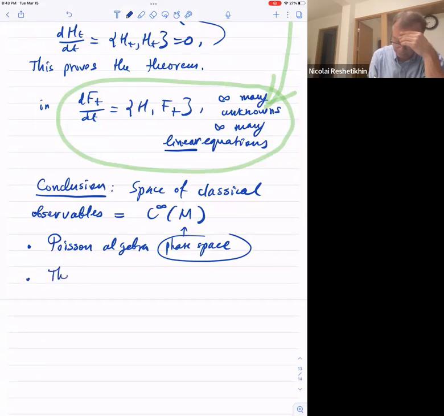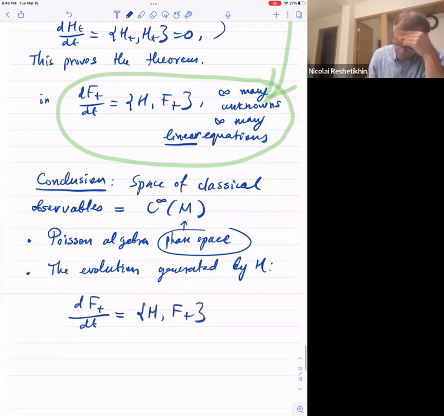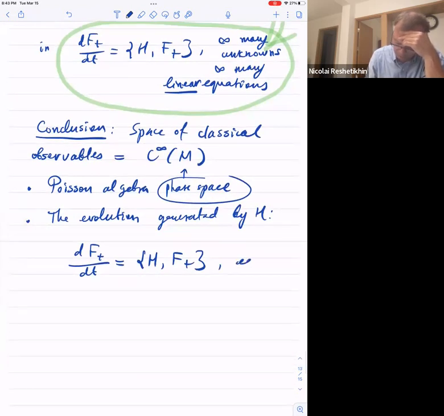And the evolution defined by, generated by H, is given by these linear differential equations. These are equations of motion, the way they evolve.